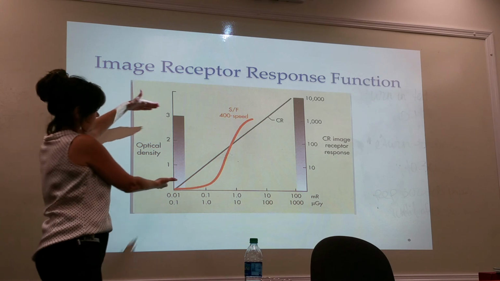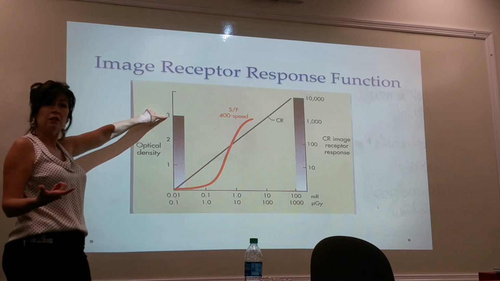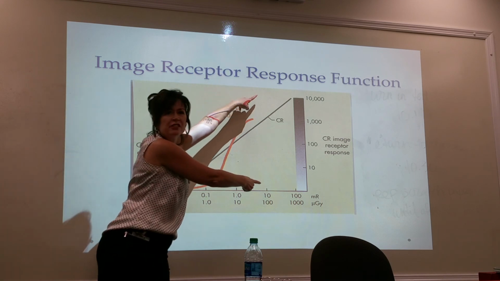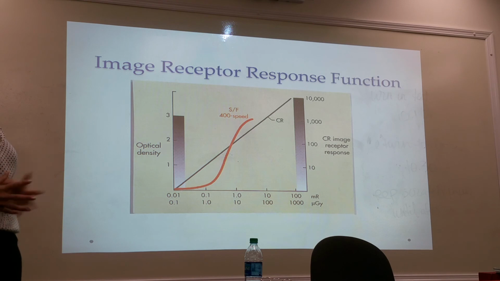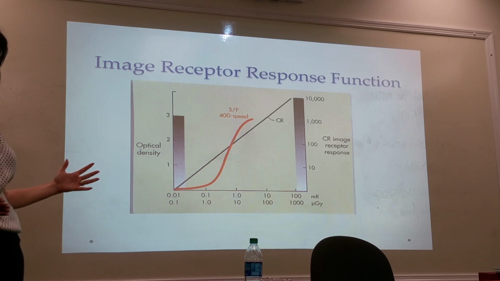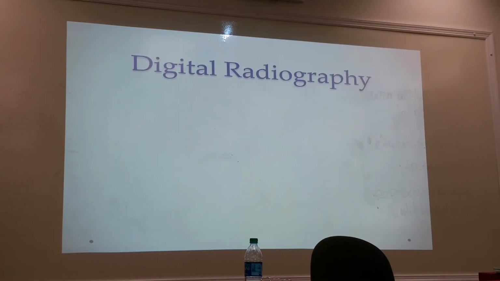Again, film, I said 3 or 4, 10,000 over there. So that's a big difference between CR and film. So you have a wider margin of error, I guess, a wider margin of useful densities. And that's where we're going to stop today.